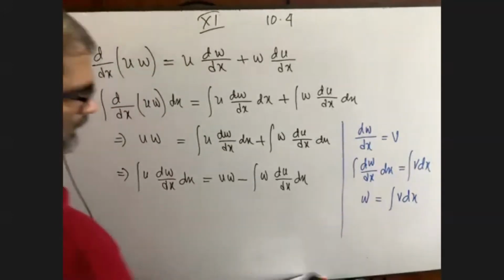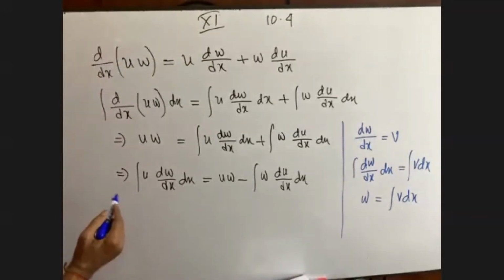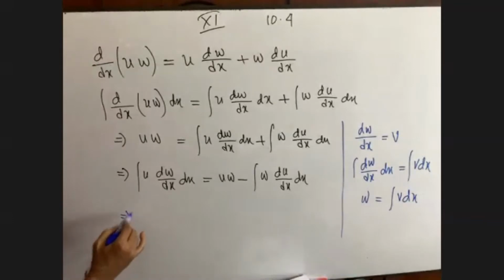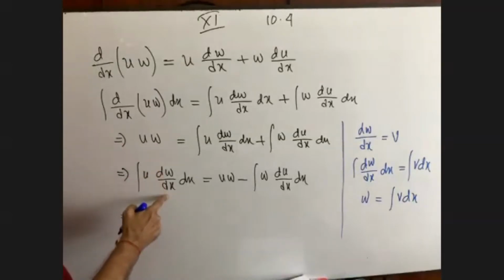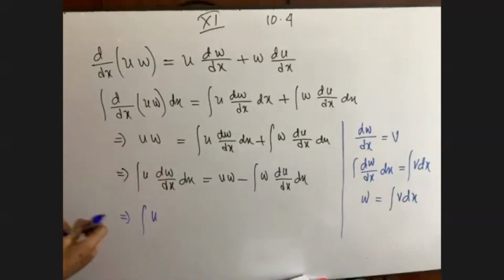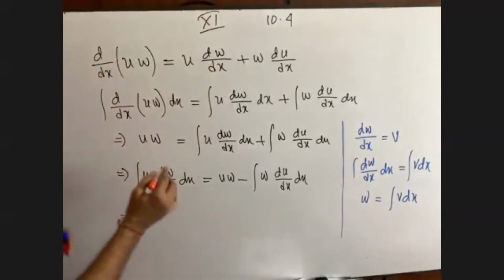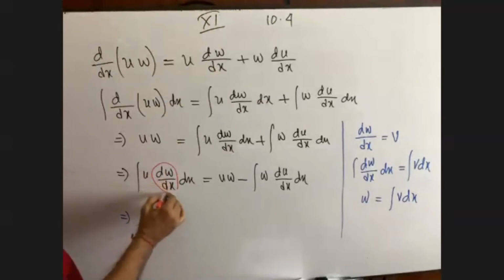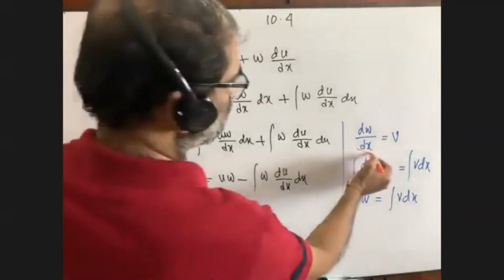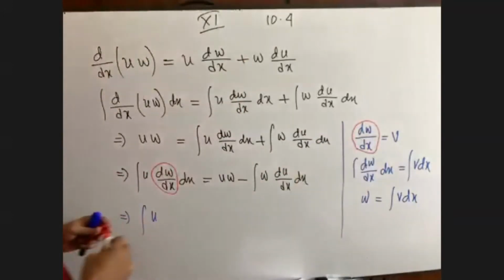Now you just put the value here. It is integration sign, it is u. Now what is the value of dw by dx? Its value is v, right?